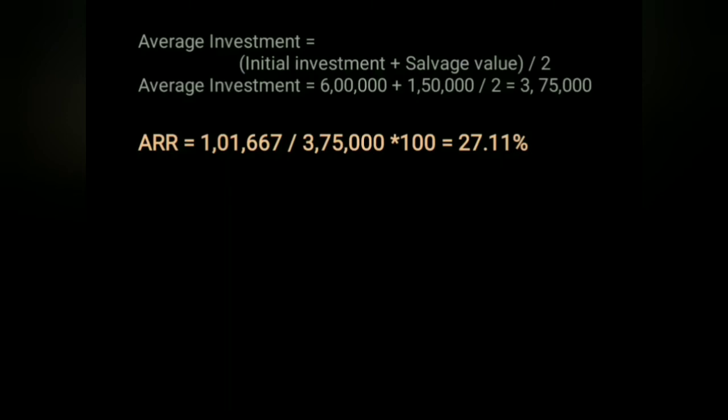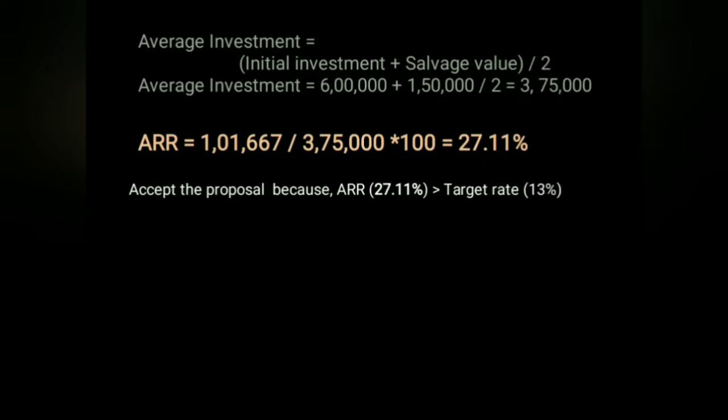We got the ARR value, and what is the required rate of return for the company? 13%. So we will accept the proposal because ARR is 27.11%, more than the target rate, that is 13%. So we will accept the project.